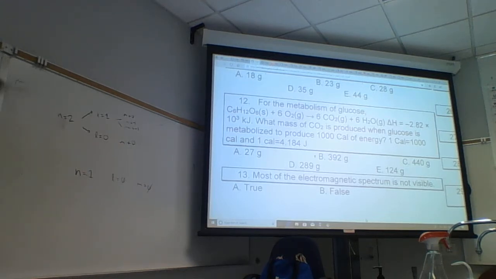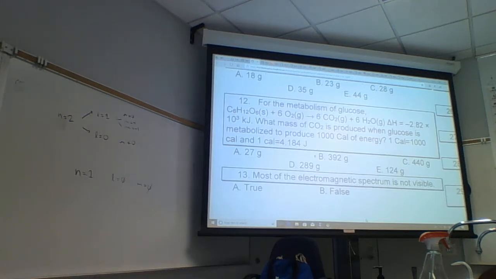Well, how did you do it? Tell me your strategy here. 1,000 calories of energy. Okay, so from glucose. 1,000 little calories per big calorie.